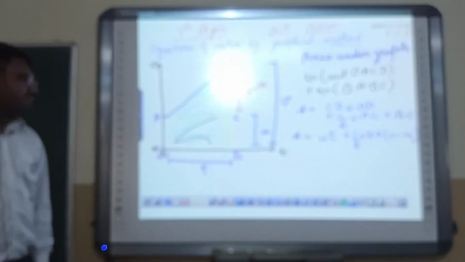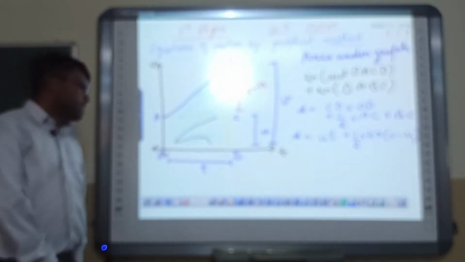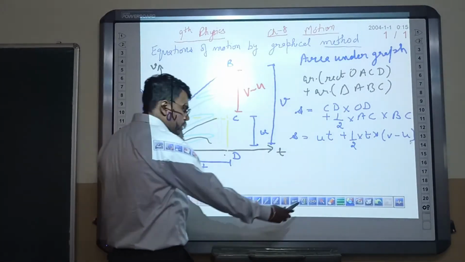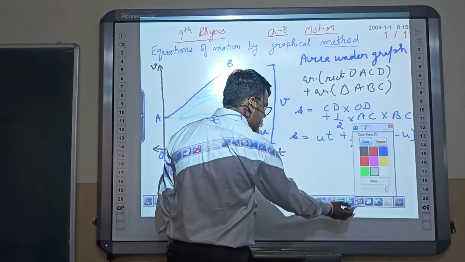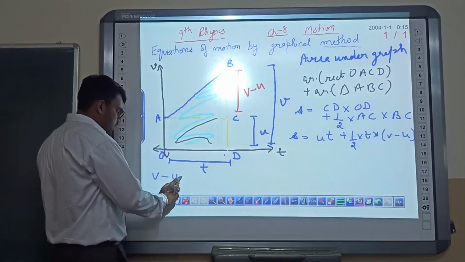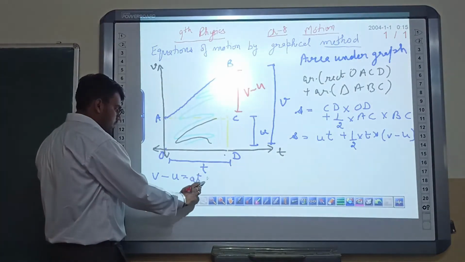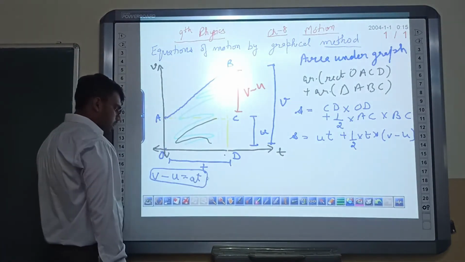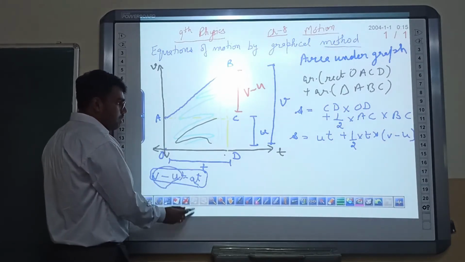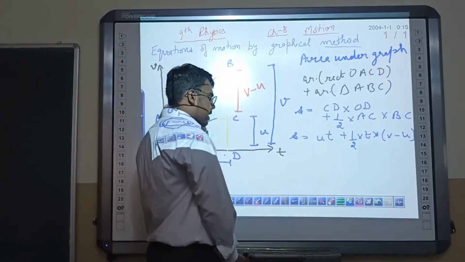But let us make this a little bit easier by using the first equation. Remember we made a box and that box contains V minus U is equal to AT. Can I put AT instead of V minus U in that equation? Answer is yes.